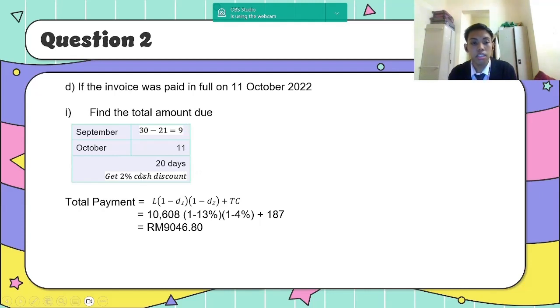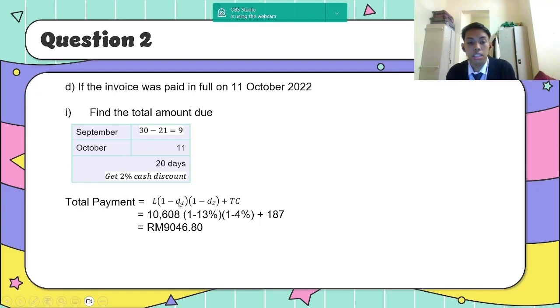But the question asks you to find the total amount. The total amount formula is L bracket 1 minus D1 bracket 1 minus D2 plus TC. Don't forget to put the brackets. Where can we get the D1 and D2?